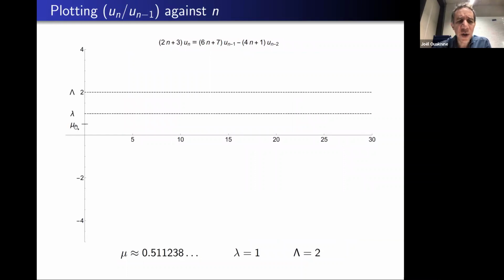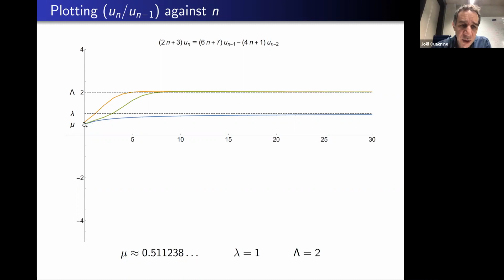So first of all, the critical ratio is here. The big lambda is 1 is here. Small lambda and big lambda is there. So if I start on the critical ratio, if the ratio of the first two terms is equal to mu, then indeed I will converge to little lambda. These plots were generated with Mathematica; it's not me cheating. If I start a little bit above the critical ratio, so u0 over u minus 1 is a little bit bigger than mu, then as expected, I will converge to big lambda.